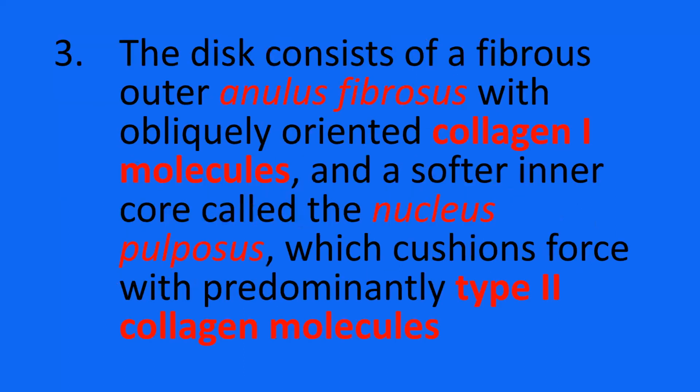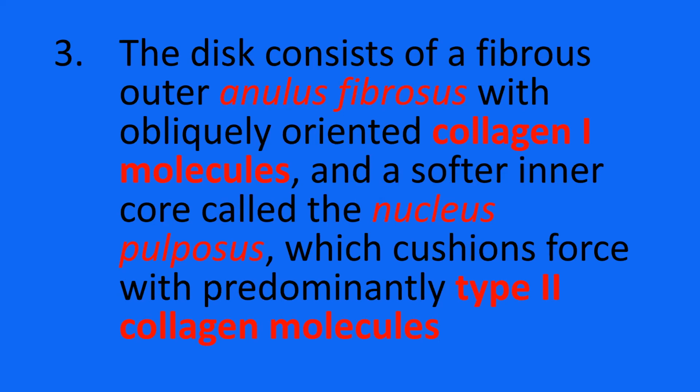The disc consists of a fibrous outer annulus fibrosus with obliquely oriented collagen 1, I repeat, collagen 1 molecules, and a softer inner core called the nucleus pulposus, which cushions force with predominantly type 2 collagen molecules. If you're asked this question, you must know that in the nucleus pulposus it's type 2.